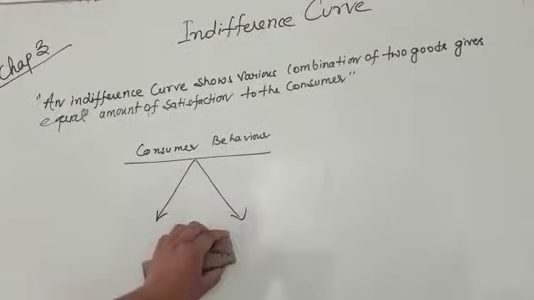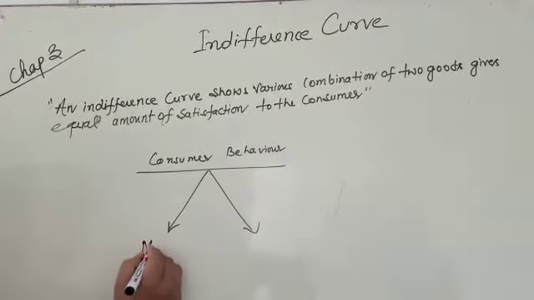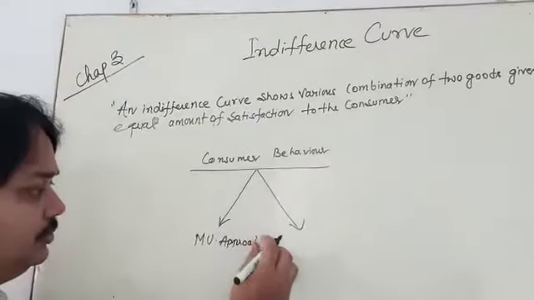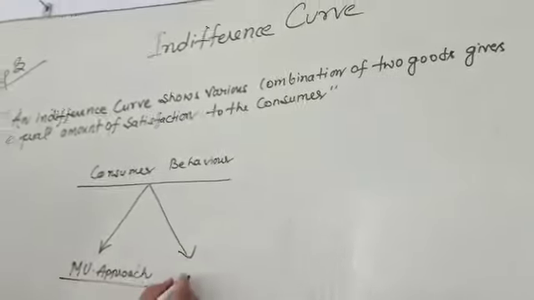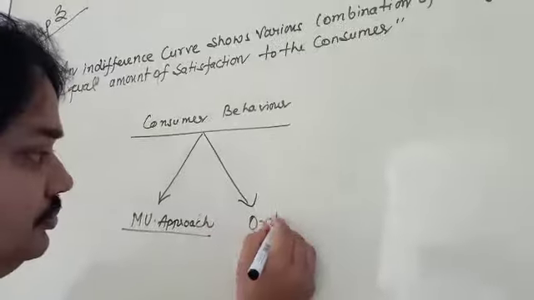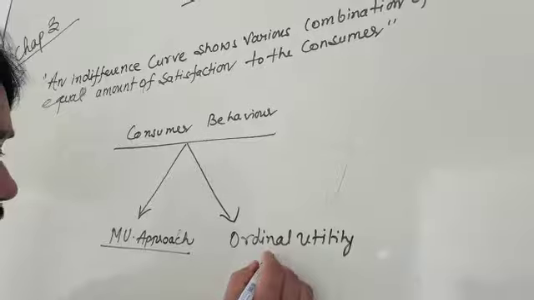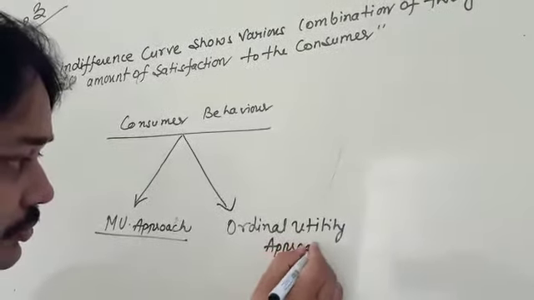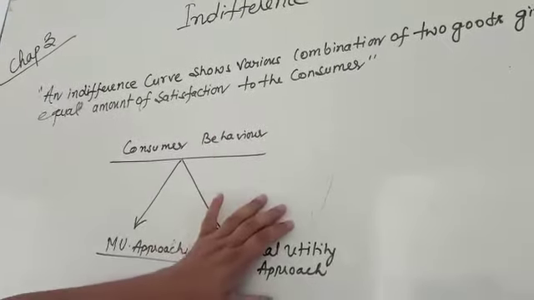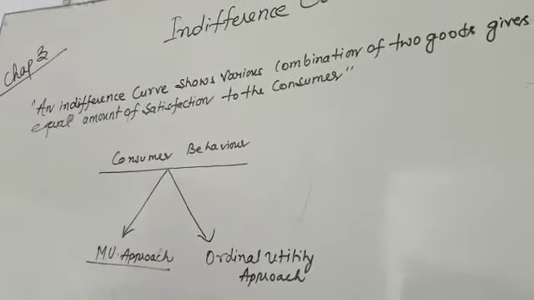The behavior of the consumer is measured through one, marginal utility approach, and another, ordinal utility approach. So what is the marginal utility approach and what is the ordinal utility approach? I am going to explain very easily.